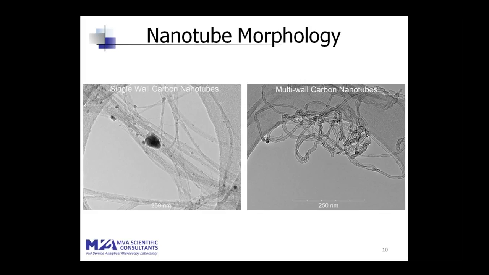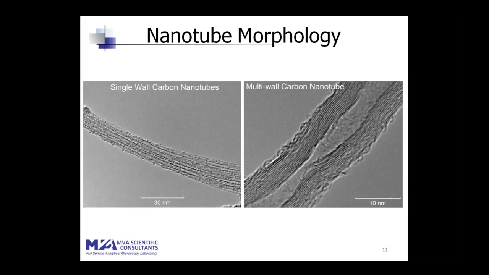So that's from a slightly lower magnification, and then we have a slightly larger one here on this slide. What we see on the left is actually a bundle of single-walled carbon nanotubes. If you look at the individual rolls that make up the bundle, they're pretty easy to see on the far right of that image. You can see that there's maybe 8 to 10 individual carbon nanotubes that make up that entire bundle.